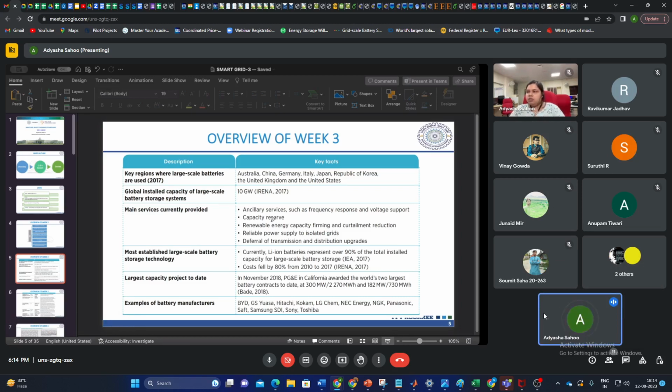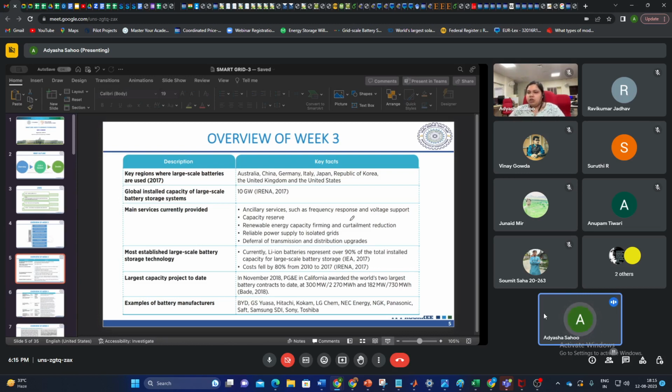But in case of renewables that may not be the case, because in real time, if there is low solar or low wind energy, they may not be able to produce that much power. So in those cases, battery storage will help to form the capacity in our grid.